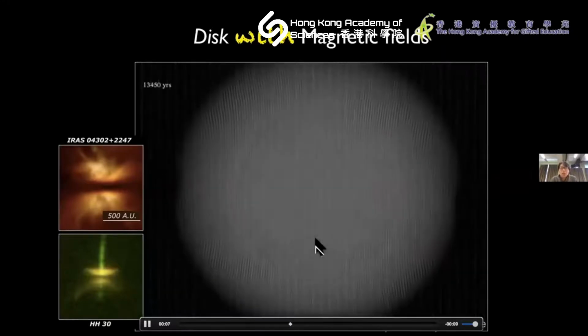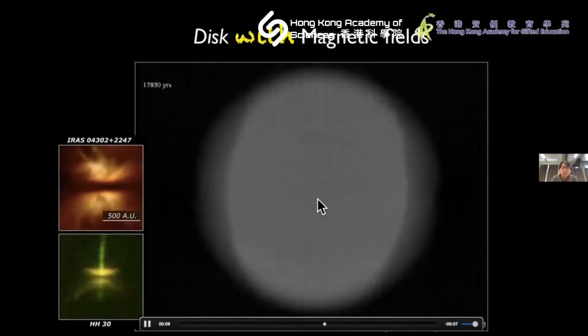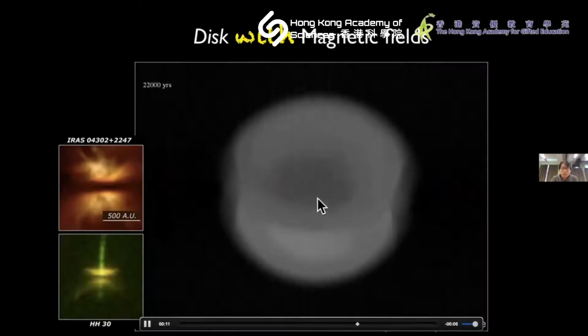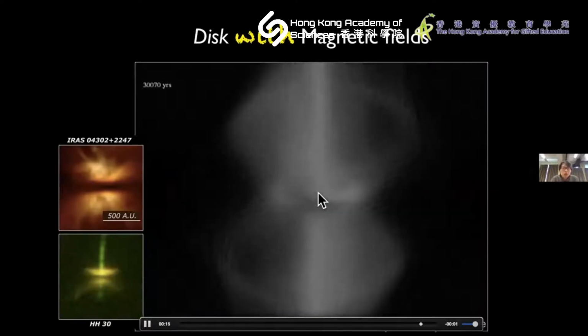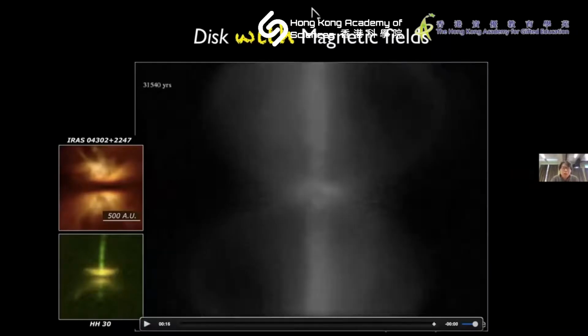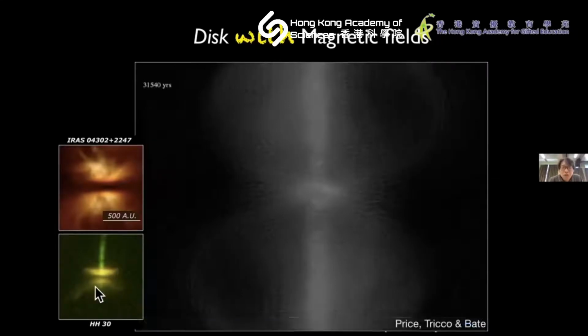And this builds up the magnetic pressure at the center of the disk. So at the end, the pressure is so high, the gas cannot hold it. So the field line kind of explodes and goes out from the two ends. And this looks very similar to the jets which are observed, which accompany the disk.